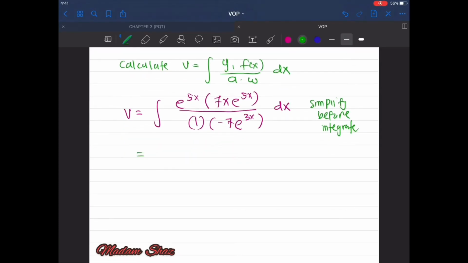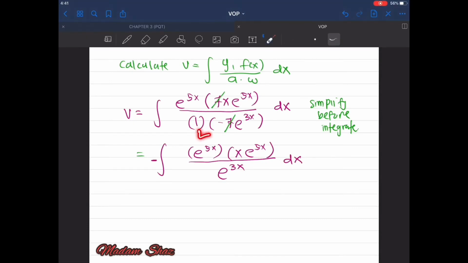So it is equal to negative, exponent 5x, x exponent 5x divided by exponent 3x dx. So 1 multiplied by exponent 3x will become exponent 3x. Okay, so now simplify the exponent at the upper side.